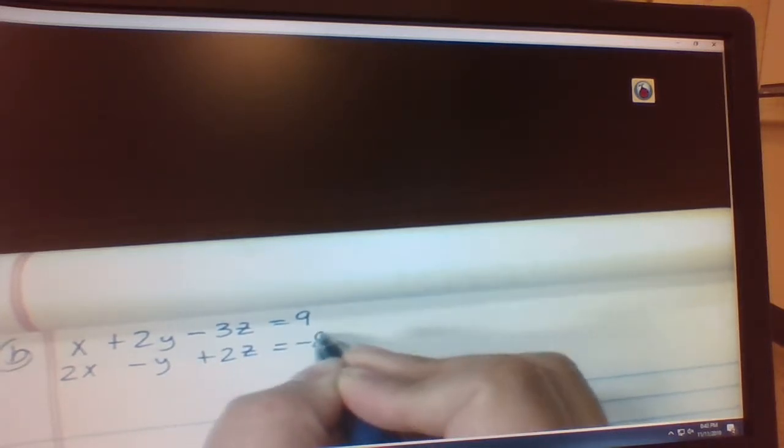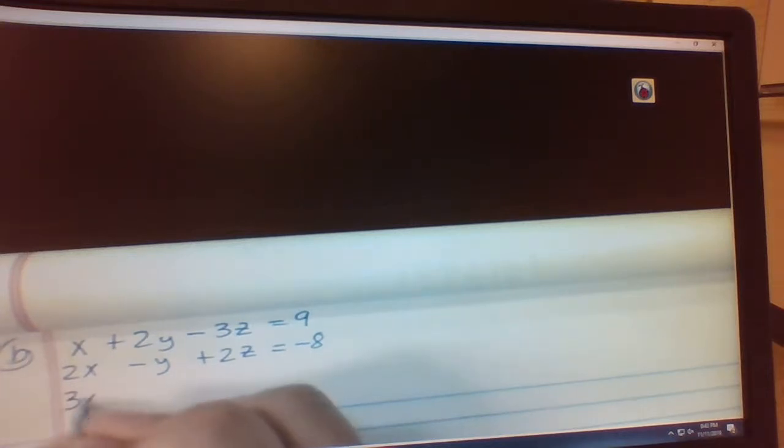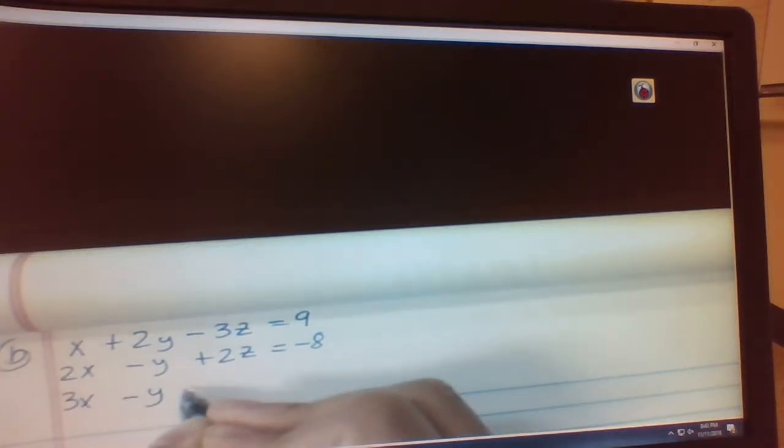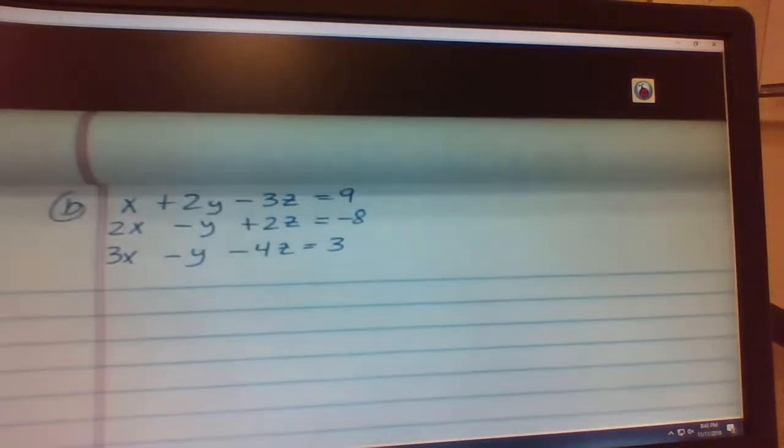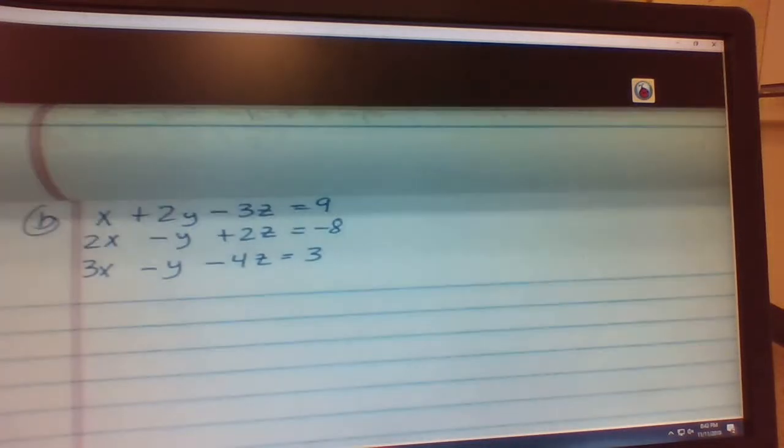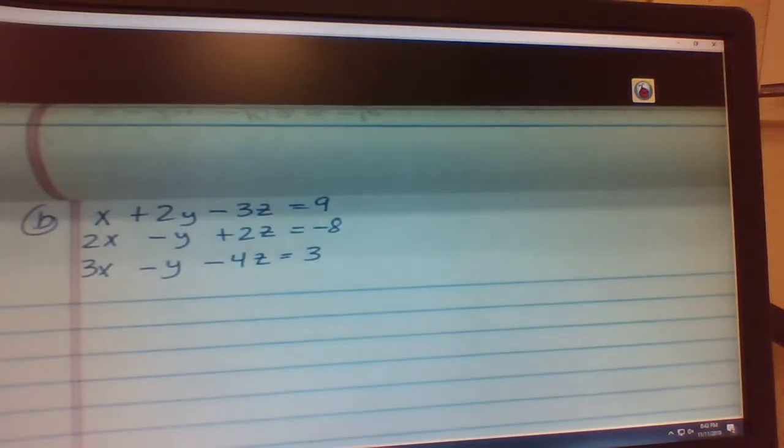Now, really quick, would this be an interchangeable one? Do you do the interchanging in this one, yes or no? No, because your first row already has a 1. Okay, very good.